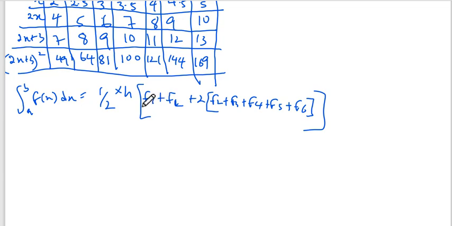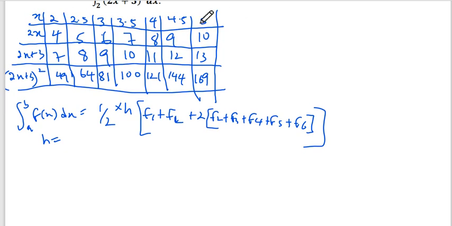So in this case, our width is the last ordinate, 5, minus 2, divided by the number of strips. The strips here are 1, 2, 3, 4, 5, 6, so 3 divided by 6 is 0.5.